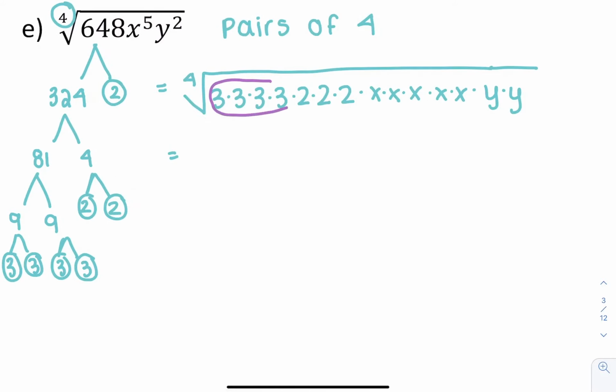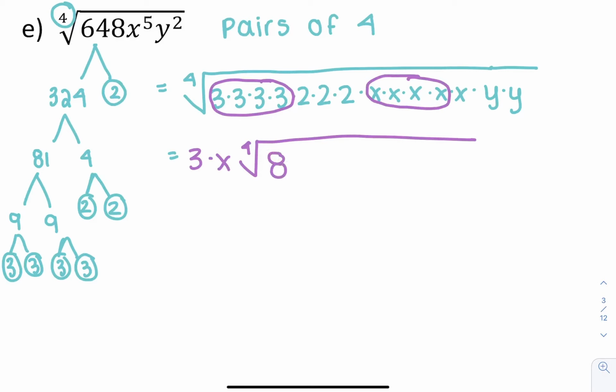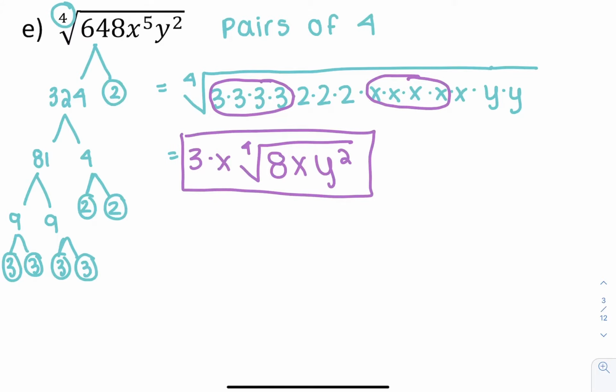So these get to leave the house as 1, and these get to leave the house as 1, and I actually don't have any more sets of 4. So I'm left with 2 times 2 times 2, which is 8. I'm left with an x, and I'm left with 2 y's, which is y squared. I can actually shorten that a little bit. And there's my final answer.